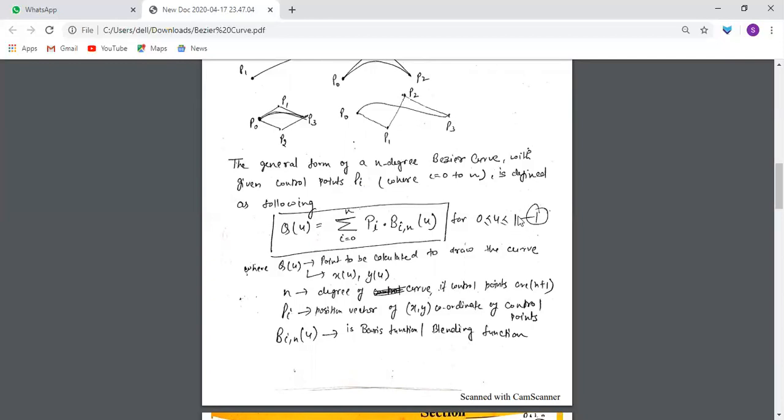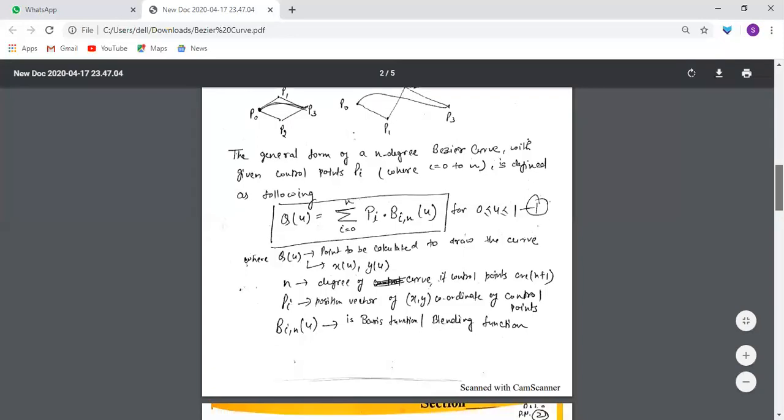Now n is the degree of the curve if control points are n plus 1. Okay, we get this. Last is this particular portion. This is called the basis function or blending function. So we need to study this.